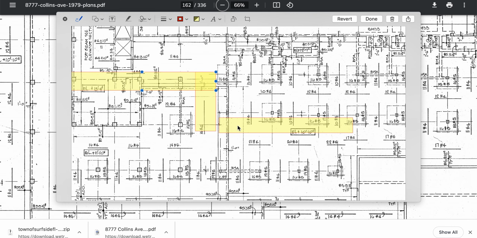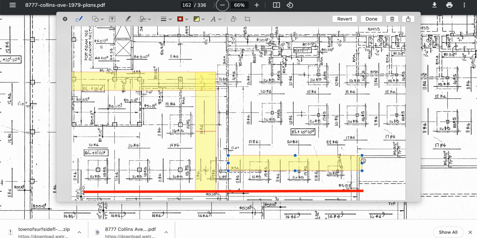So this is our pool deck down here. These are the columns, the parking garage down here. We'll make that one bigger, so here's our parking garage. We'll just extend it all the way down. We'll take a little liberty here and call this a pool.